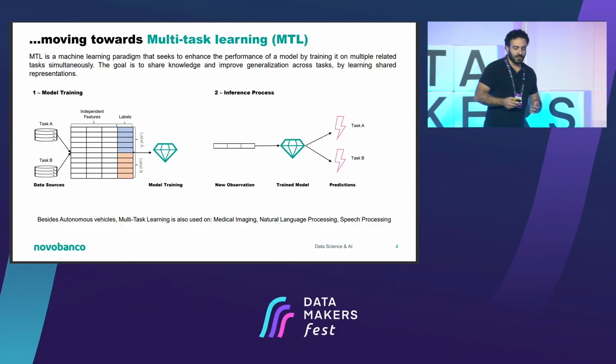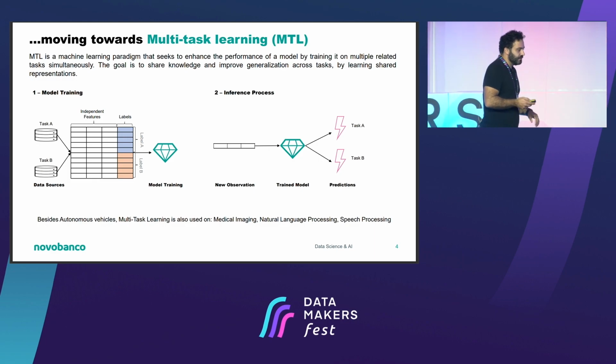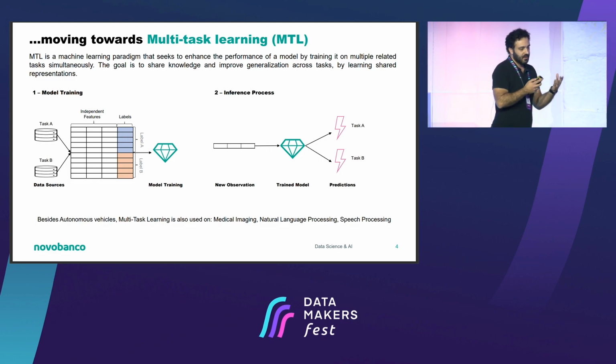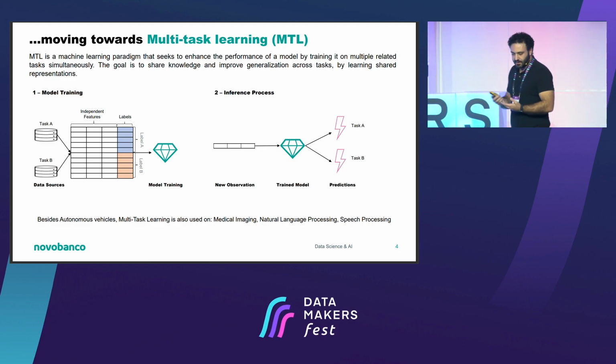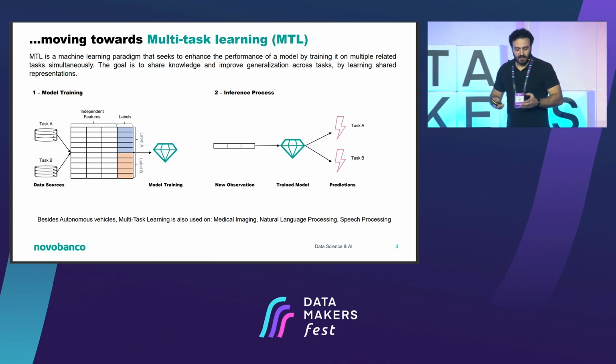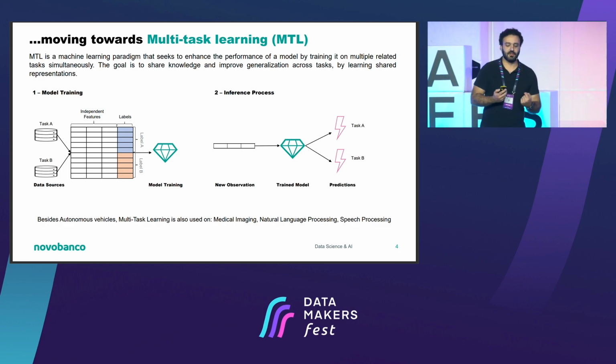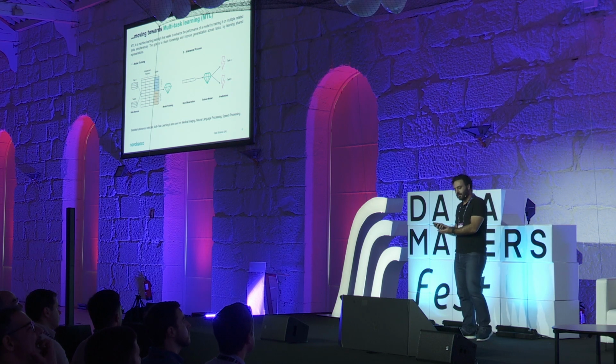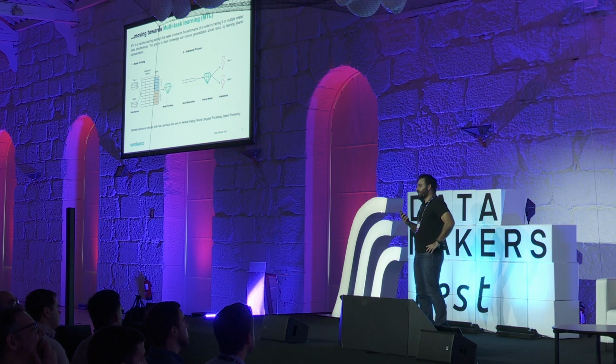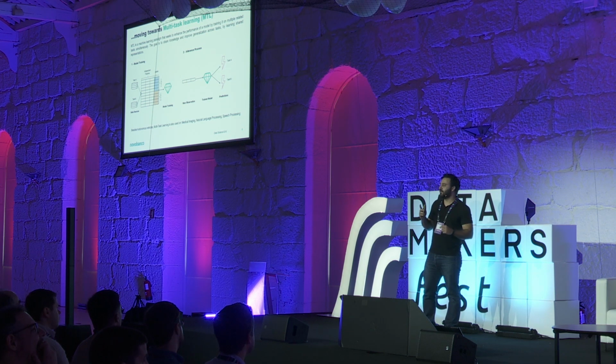Let's talk a bit about the multitask model. Like I said before, this is a model that provides inferences for many tasks. How can you actually do this? For each task, you provide the independent features and the labels of each task, and one loss function. Each task will have one loss function, so if you have 3 tasks, you'll have 3 loss functions.